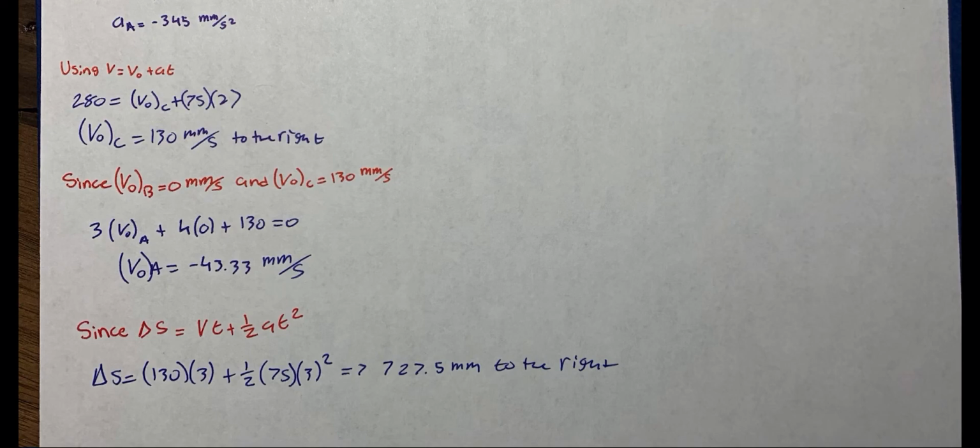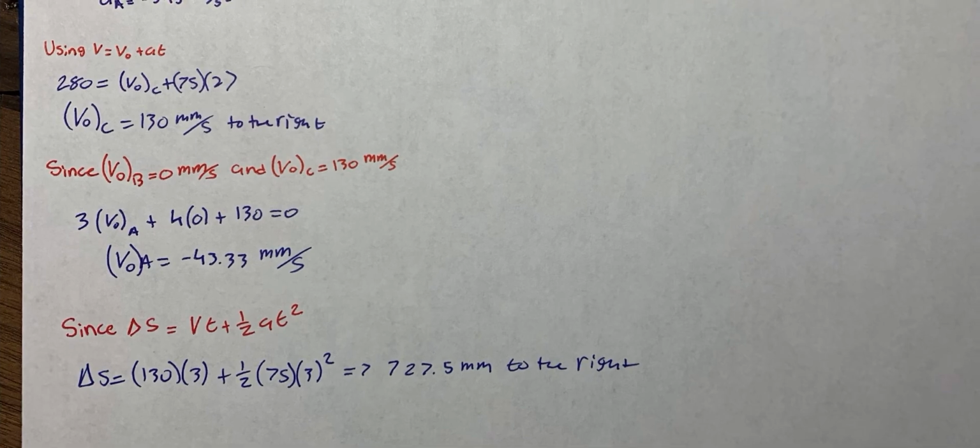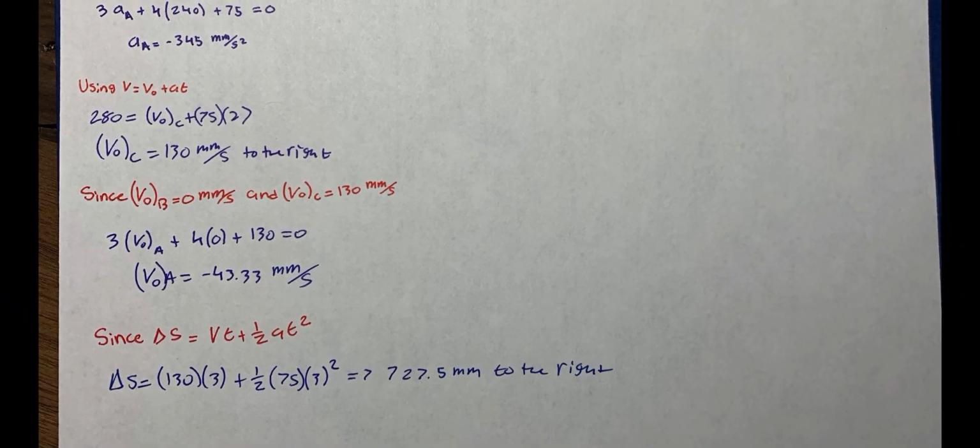And if we want to find the distance, since the length of the rope is set, we can use a simple position equation. Plug in the numbers and you can figure out that it's going 727.5 millimeters to the right.